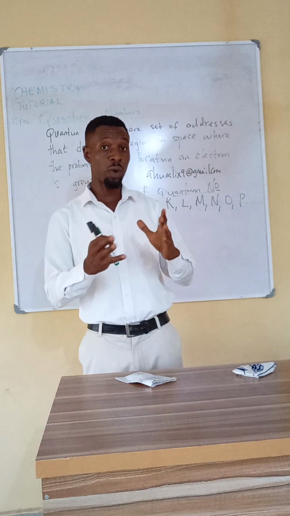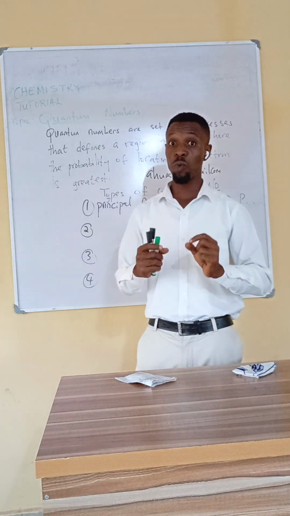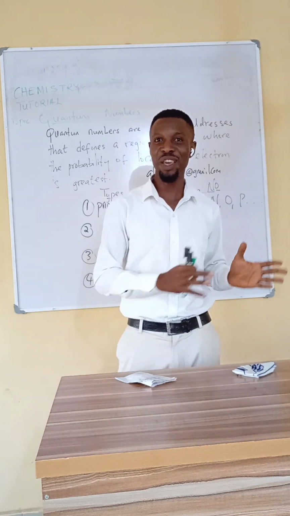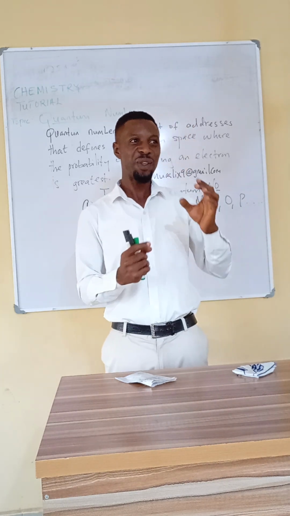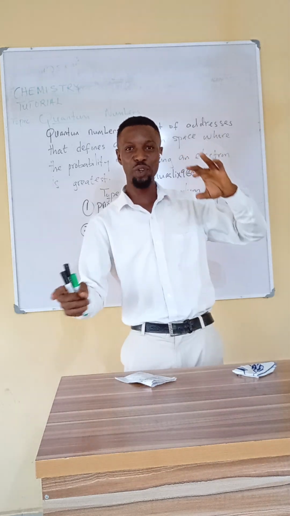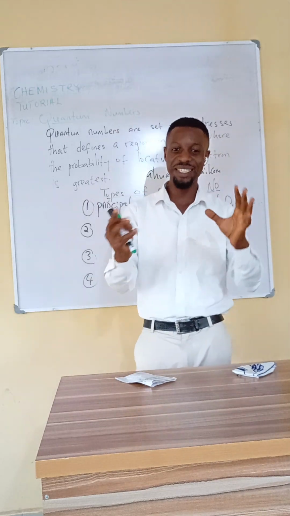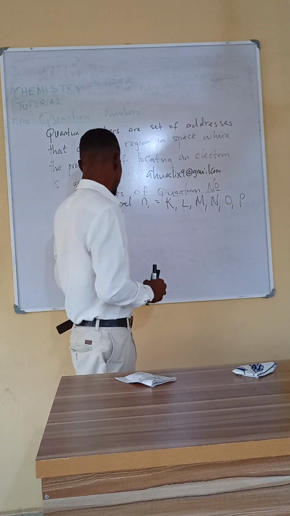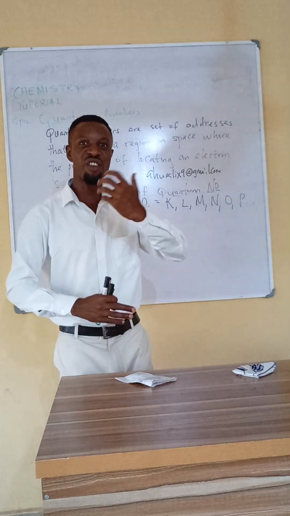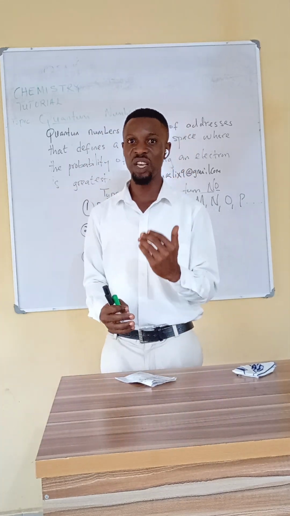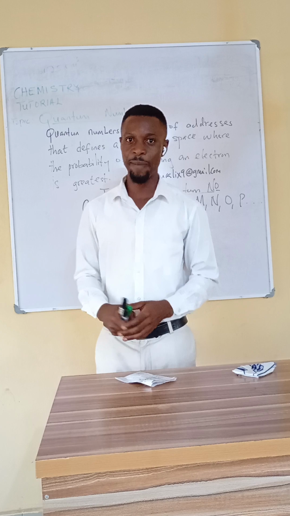Just as quantum chemistry says, energy levels are quantized. You cannot find an electron between the energy levels 1.1, 1.2, 1.3. That is why this energy comes in discrete parts. So the principal quantum number describes the energy level in which a particular electron is located.